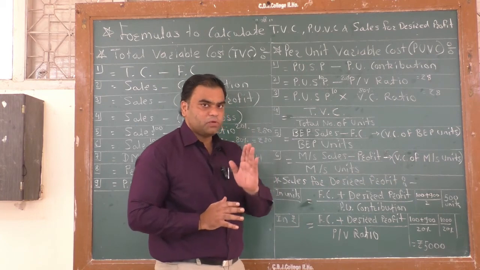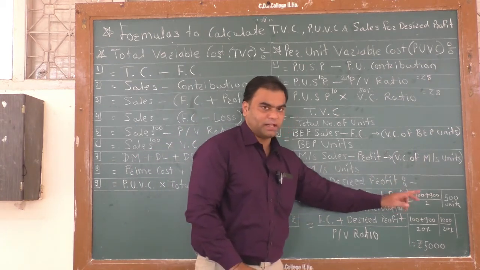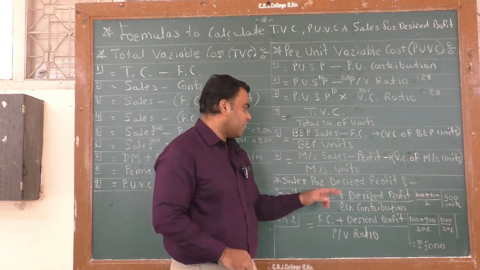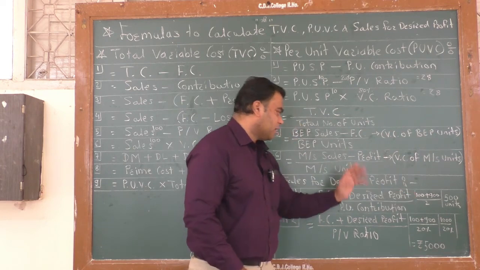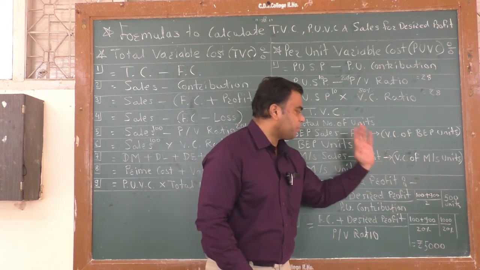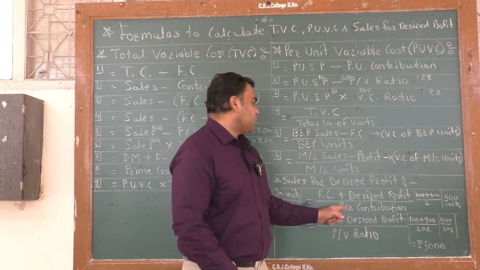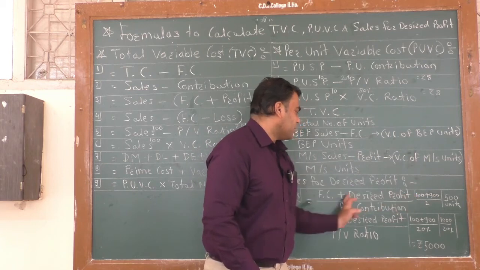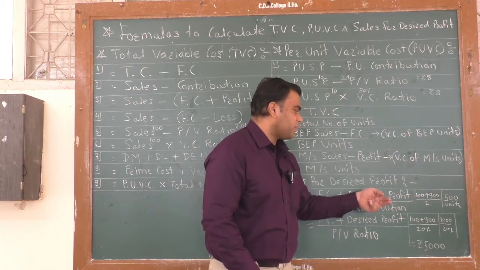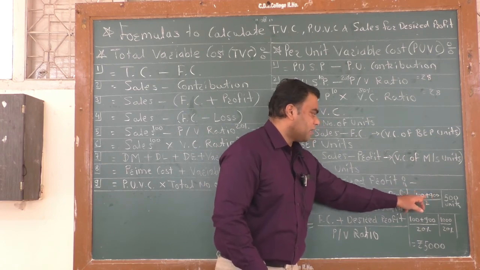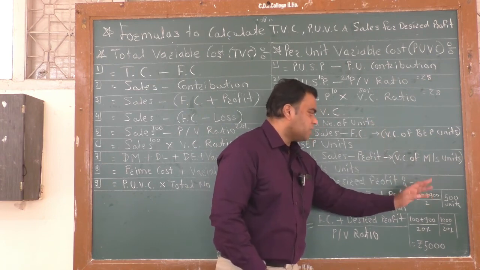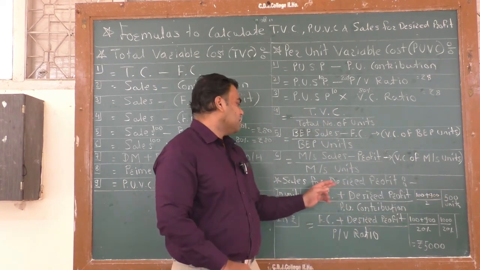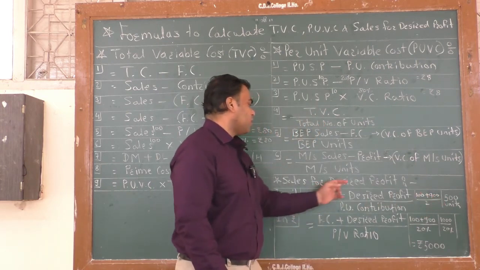For example, suppose our fixed cost is rupees 100. I am taking very small figures so that you can understand easily and quickly. Fixed cost 100 plus desired profit, suppose rupees 900, and per unit contribution suppose rupees 2. 100 plus 900 is equal to 1000, and 1000 divided by 2 is equal to 500 units will be the sales for desired profit.